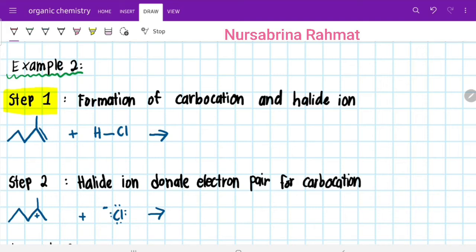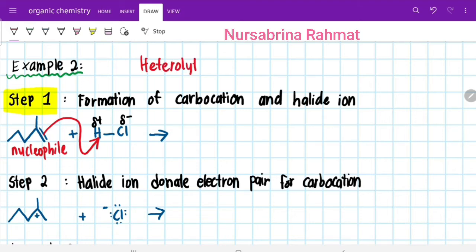The electrons from your double bond, because your alkene is a nucleophile with a C double bond C, an electron-rich center, will attack the hydrogen in your hydrogen chloride, because your hydrogen is partially positive, whereas the chlorine in HCl is partially negative. So a double-headed arrow attacks the hydrogen. This reaction involves heterolytic cleavage.